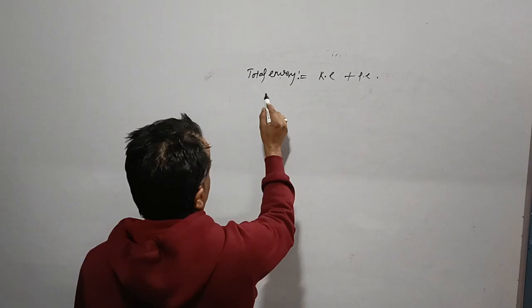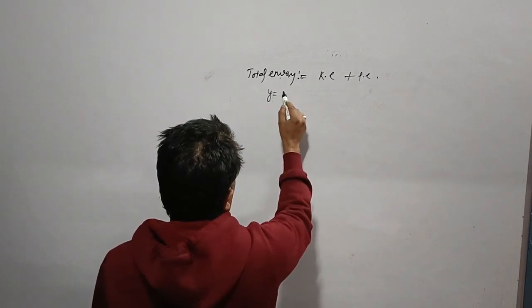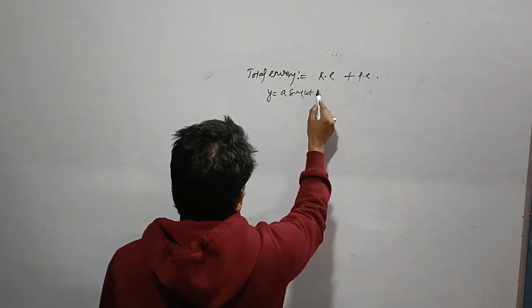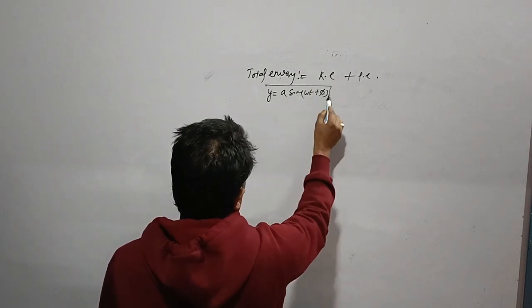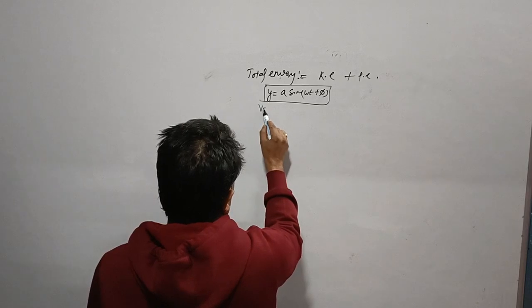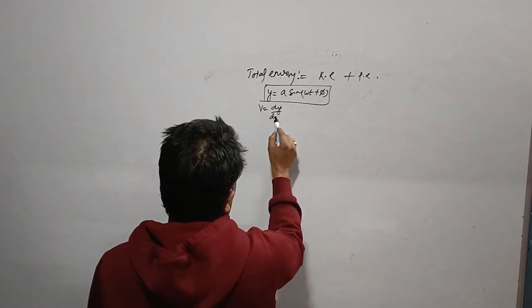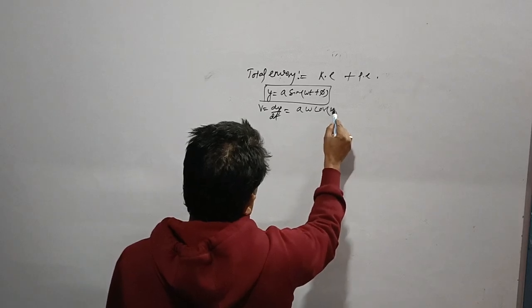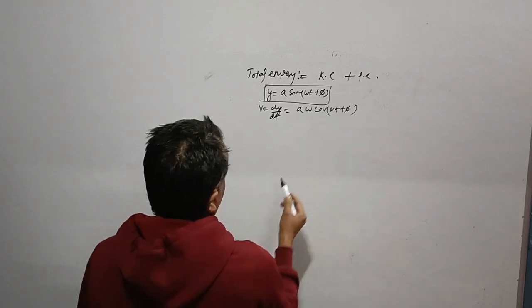We know that y is A sine(omega t plus phi), the displacement. When we take the derivative of it, delta y by delta t is A omega cos(omega t plus phi).